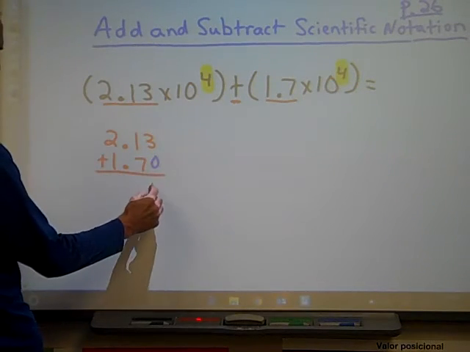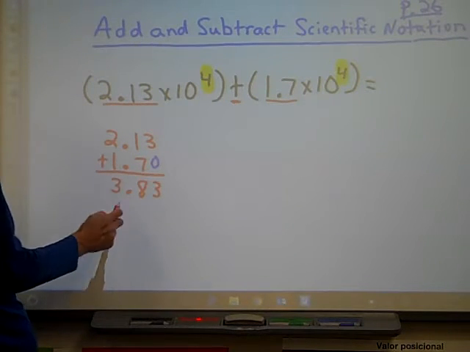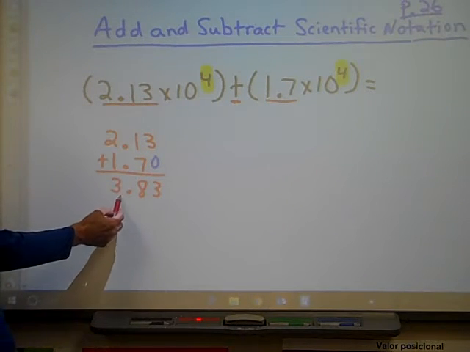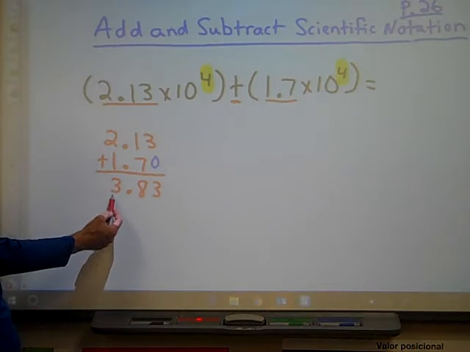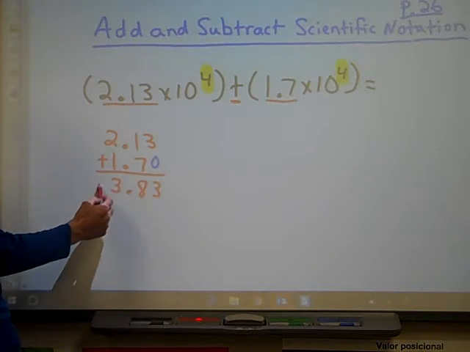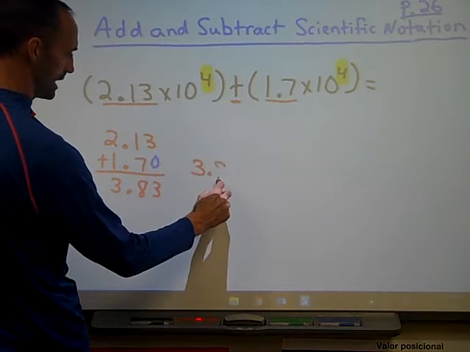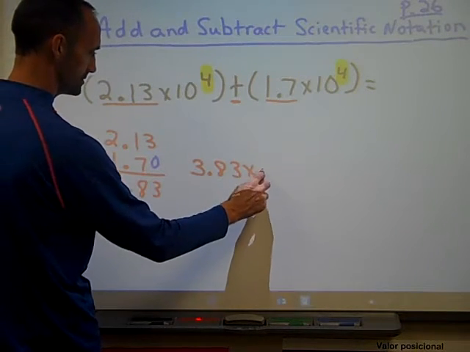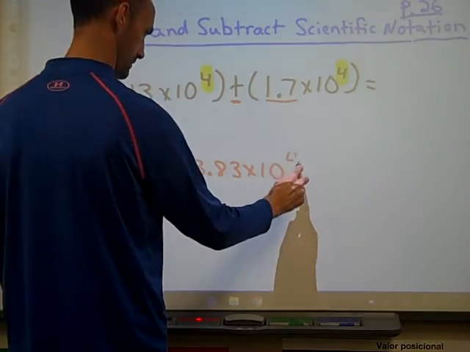Do the addition. 3, 8, 3. Is the decimal in the right spot for scientific notation? Yes, it is. There's only one number in front, so this is set up correctly. So then we have 3.83 times 10 to the 4th.